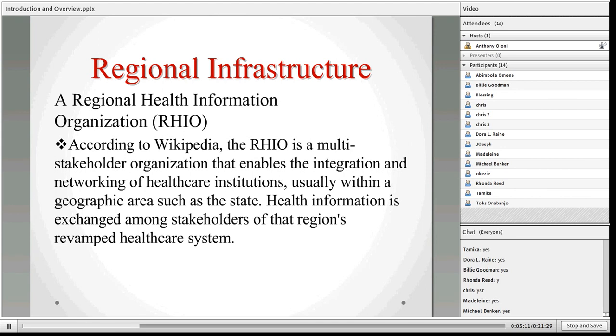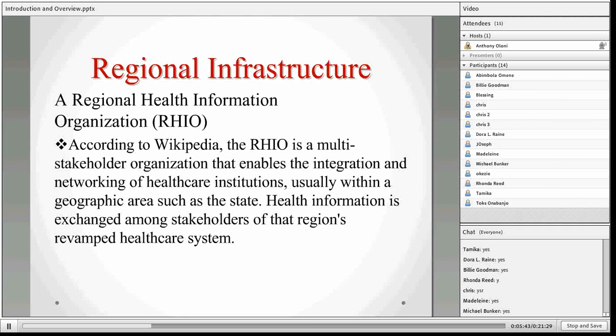So if you see a doctor in Presbyterian Hospital, New York, and you go to the Baptist Hospital in upstate New York, and both hospitals are connected to the Regional Health Information Organization, then the physician at the Baptist Hospital in upstate New York will be able to access your records that were produced at the Presbyterian Health in New York City.